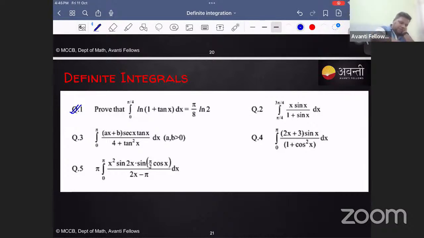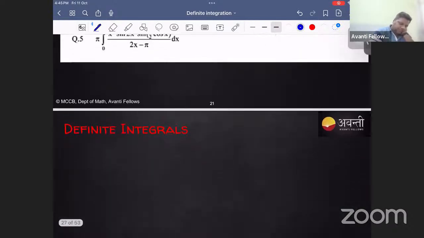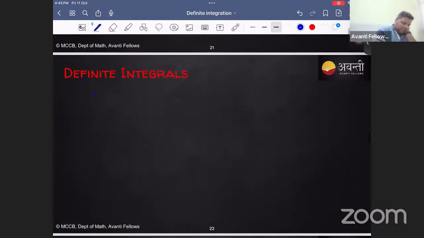See, question number 2 is I is integration pi by 4 to 3 pi by 4 x sin x upon 1 plus sin x dx.